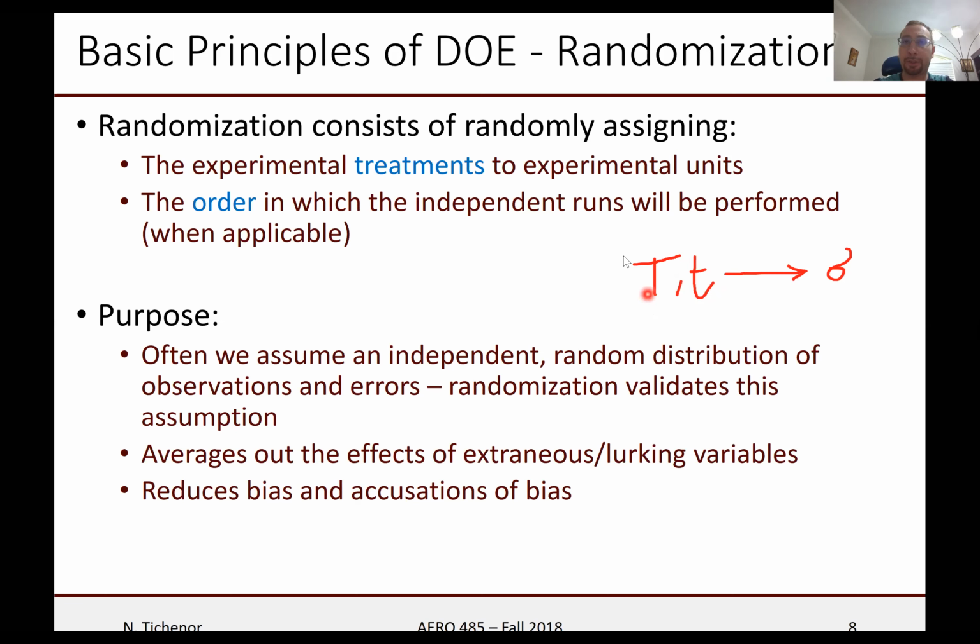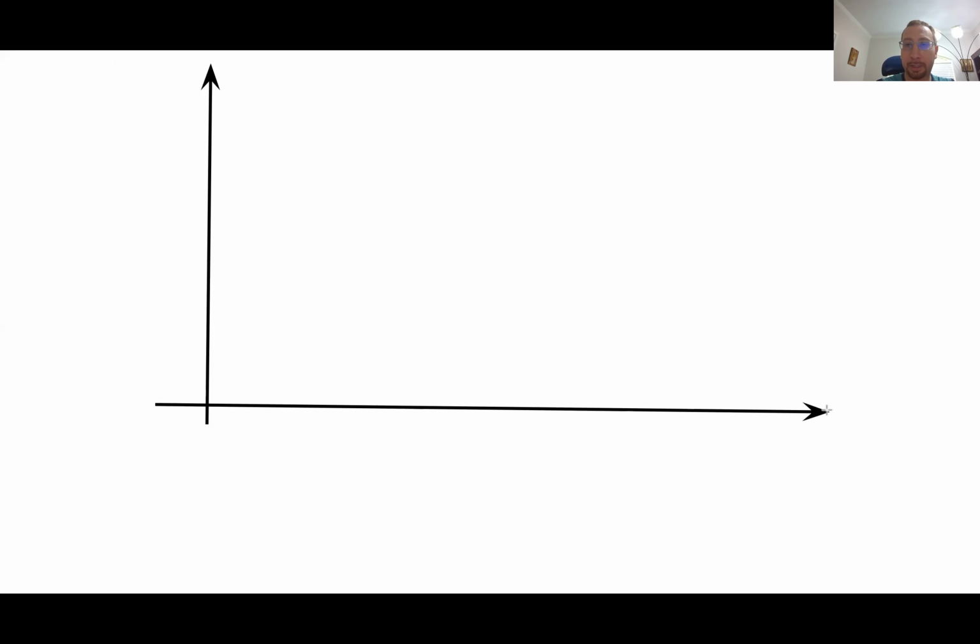So now let me share with you my white board here so that you can get a better feel of what I'm talking about. Imagine the y-axis is the strength that I'm measuring from each sample, and the x-axis is the temperature of curing.